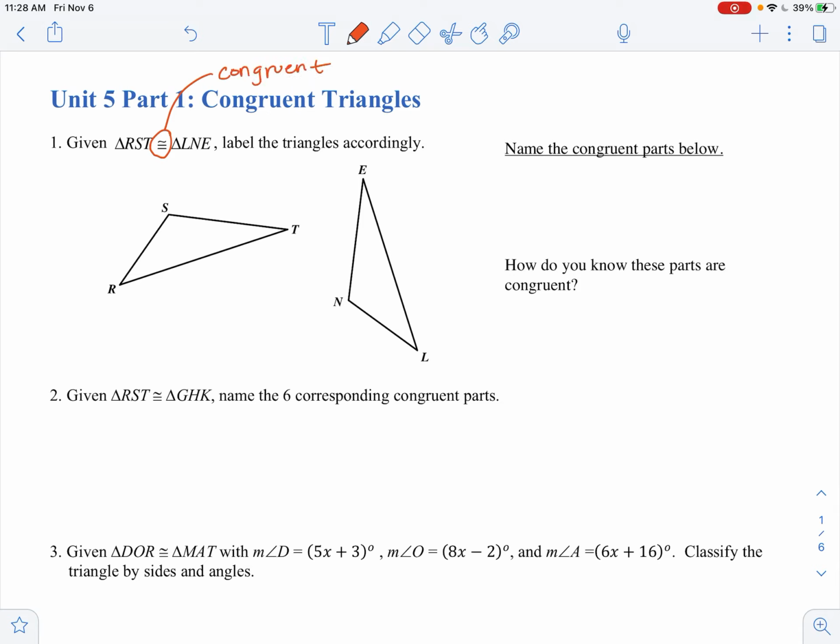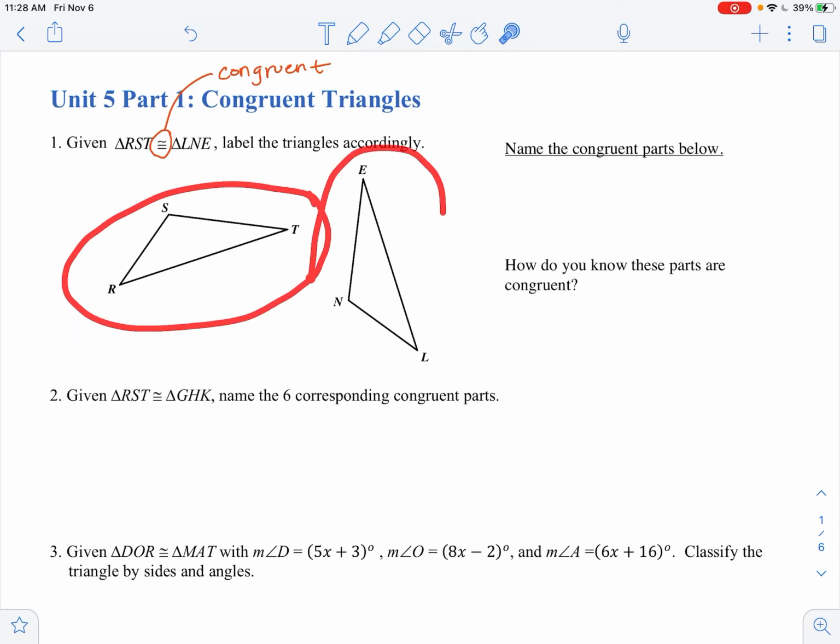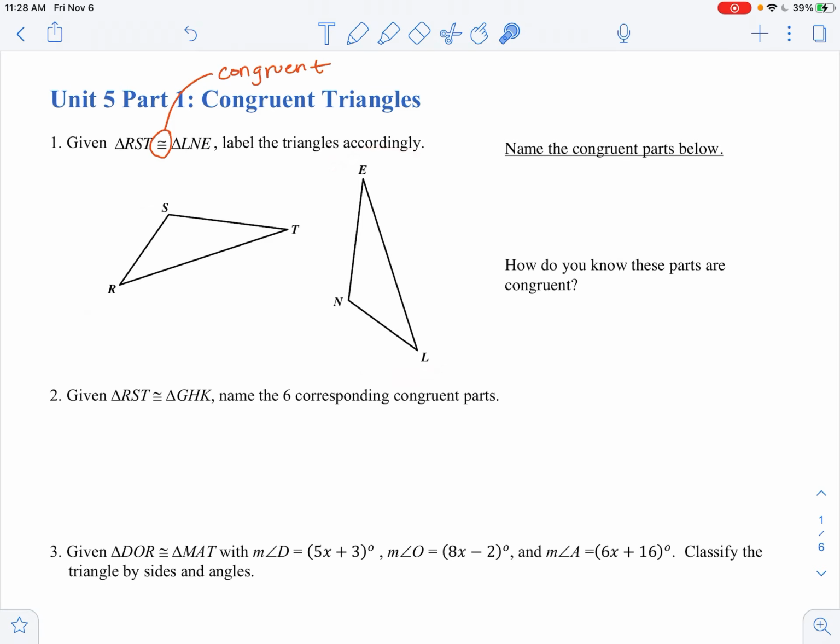And if we want to remember what congruent means, it means that all the parts of the shape are equal in size and the shape didn't change. So these two triangles, even though they are oriented differently, all their features are the same. They're the exact same size and they're the exact same triangle, just with a different orientation.